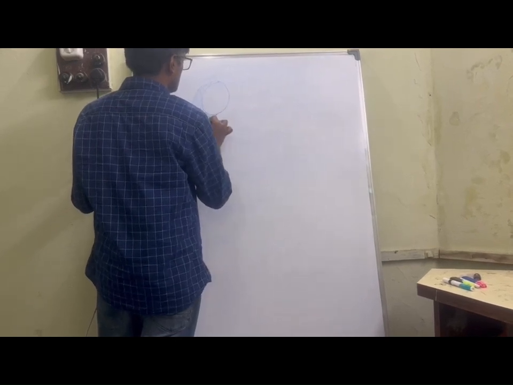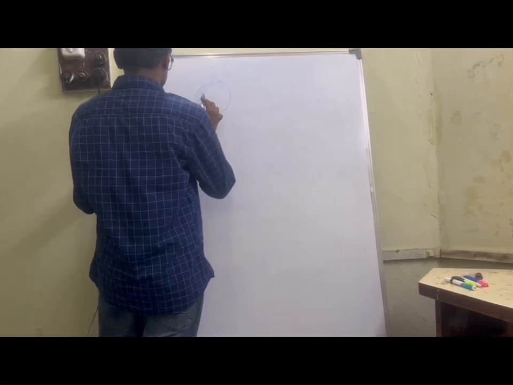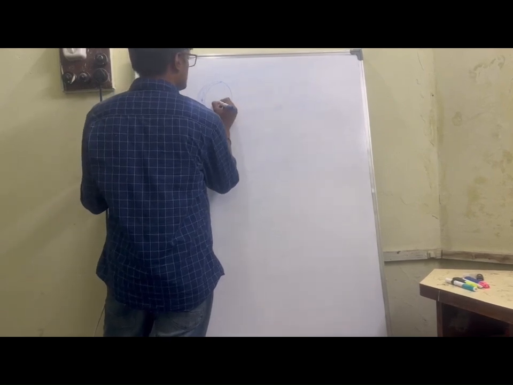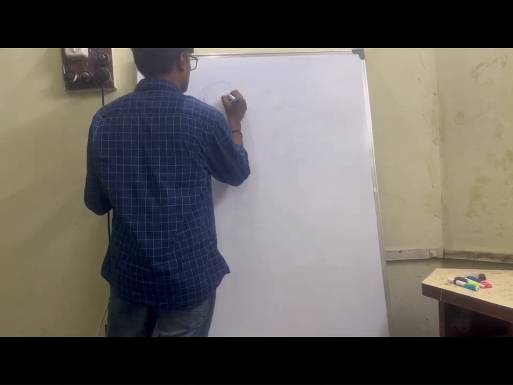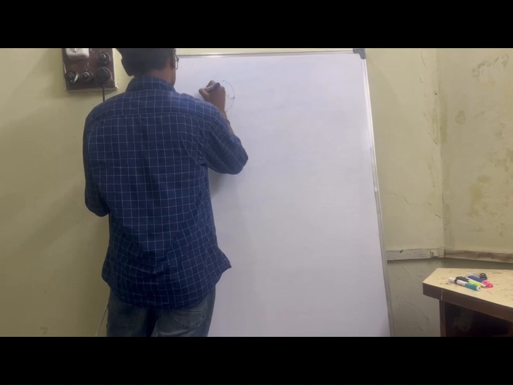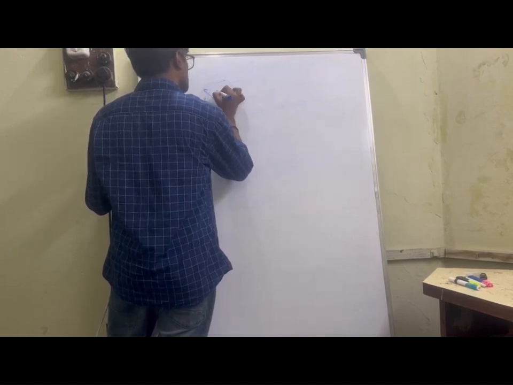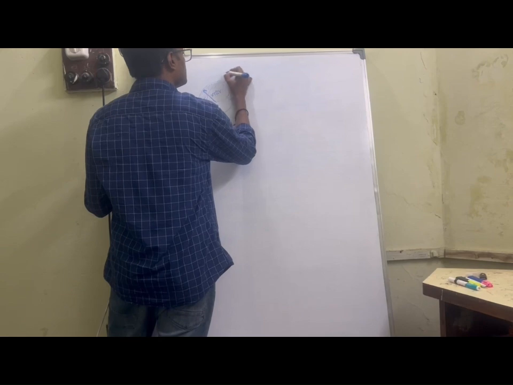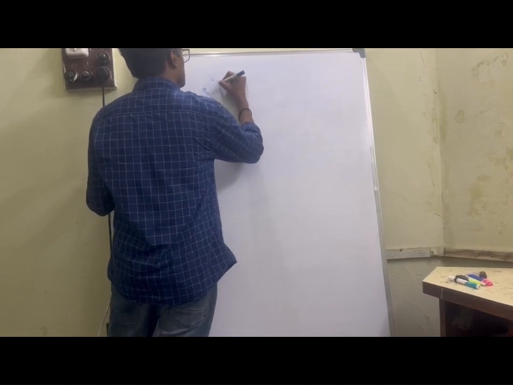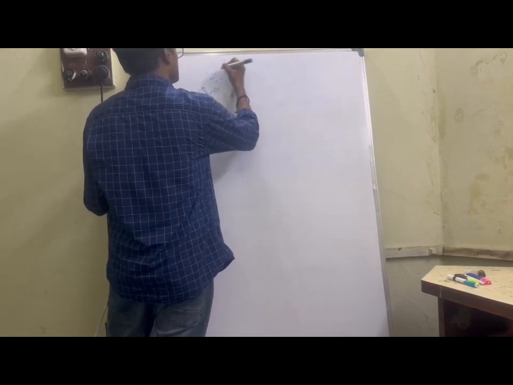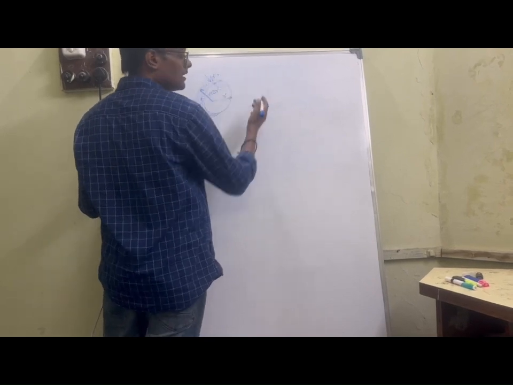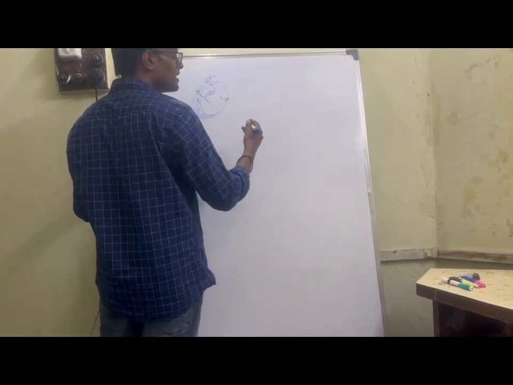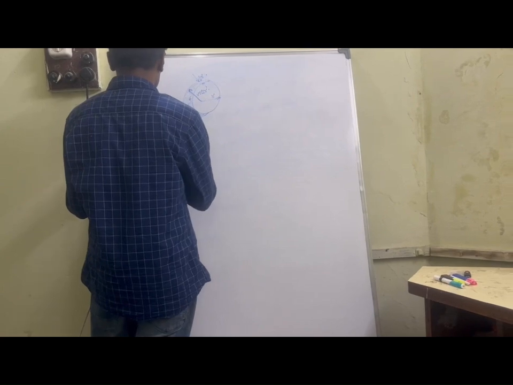So this is the sphere with radius R, and the outer radius is R plus delta R. The thickness is delta R, the difference between the inner radius and the outer radius.